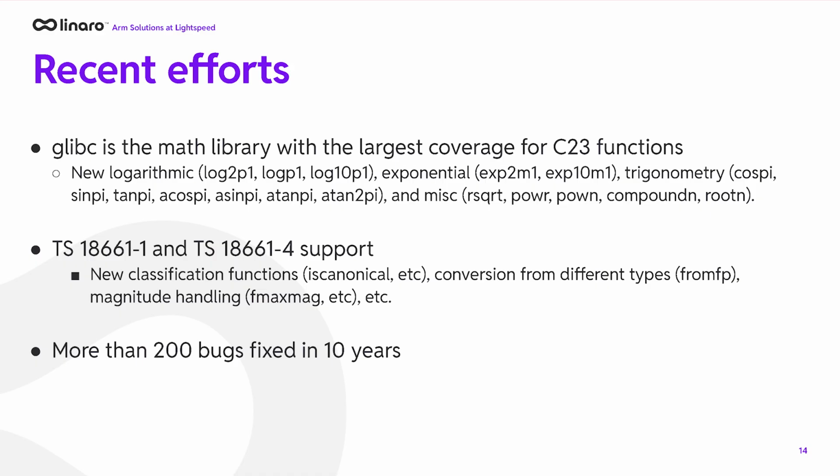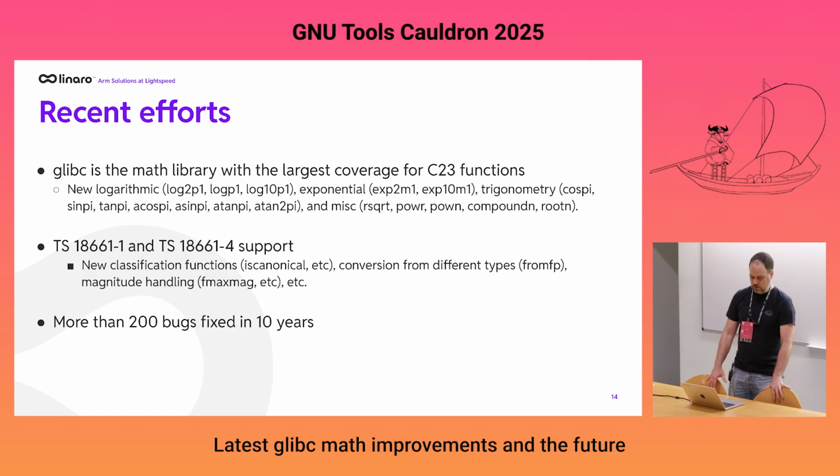Joseph as well added the support for the TS 18661 extensions, which are new classification functions, conversion from different types, and magnitude handling. So there are a lot of new symbols and all new implementations. And we fixed more than 200 bugs in the last 10 years.